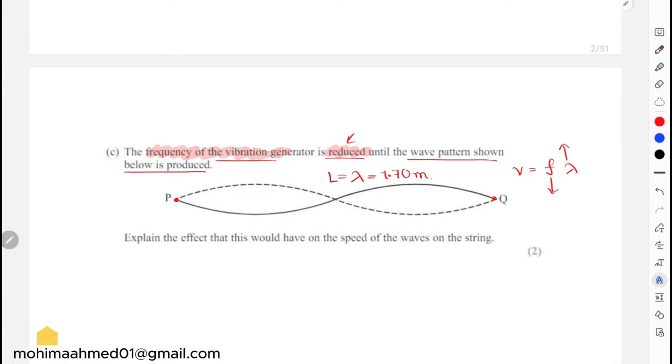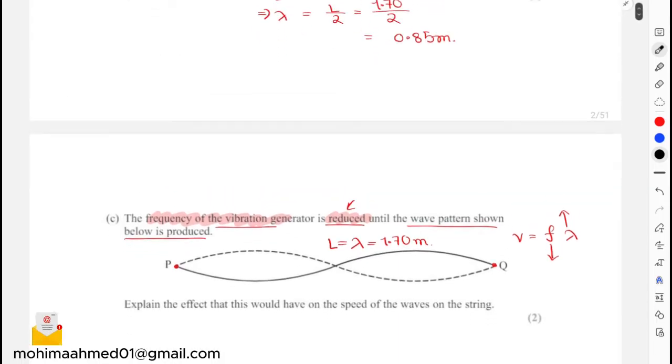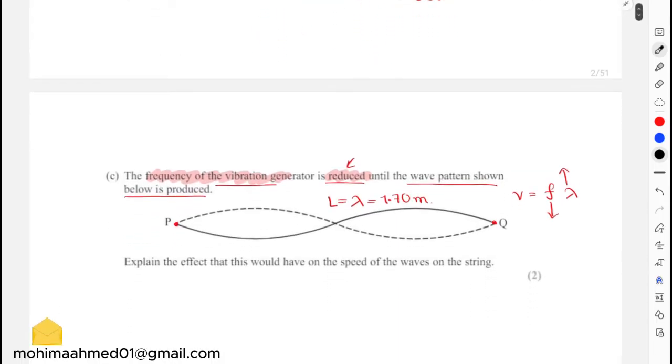You could have also answered using the other equation, which involves mu and tension. The formula for velocity was V is equal to the square root of tension over mu, right? In this case, as you're using the same string, it will have the same tension, and the same string will have the same mass per unit length. So tension and mu will not change over here.